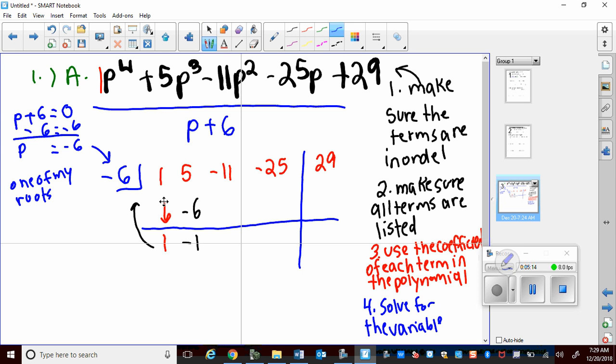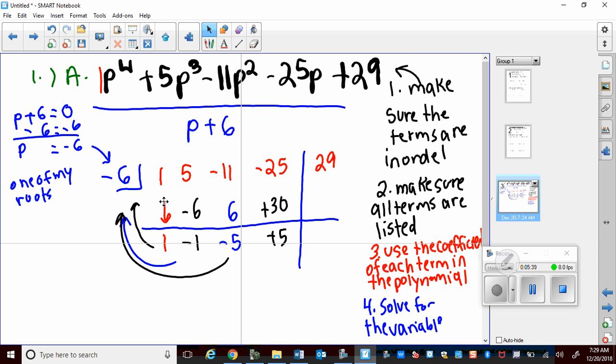Then you multiply this negative 1 times negative 6, you get positive 6. Negative 11 plus 6 is negative 5. Then negative 5 times negative 6, I get positive 30, and I get positive 5 here. Then 5 times negative 6 comes over here, I get negative 30, and my remainder is negative 1.